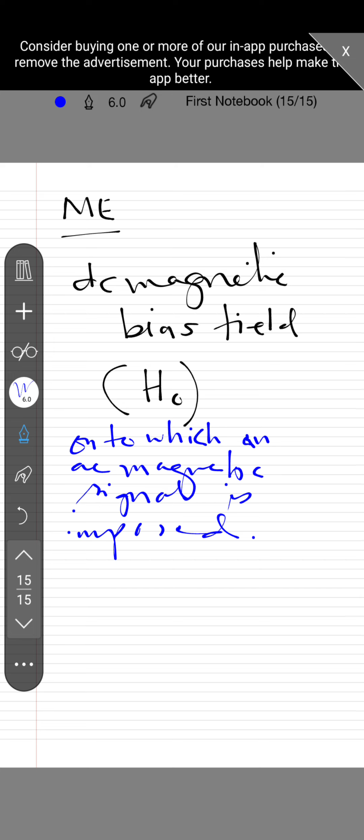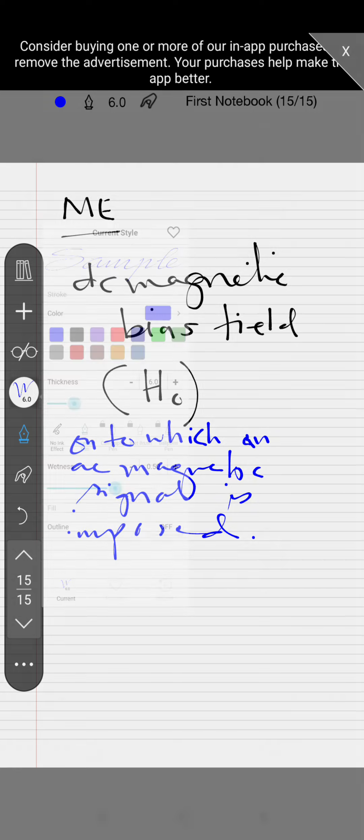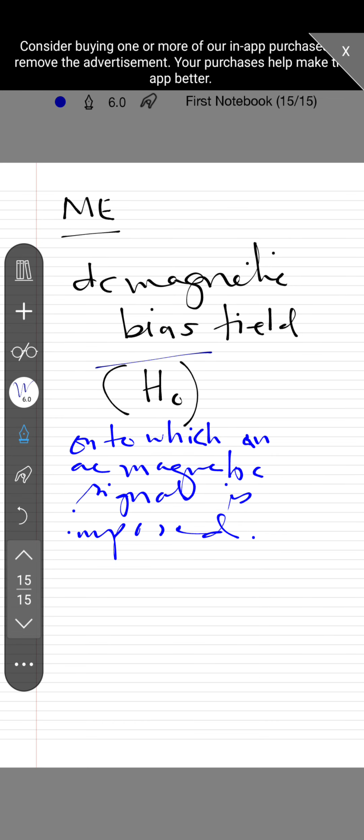Now, as this bias H0 increases, with respect to the magnetic field we have something called the magnetoelectric coupling coefficient, or let's call it the ME coefficient, given as alpha.